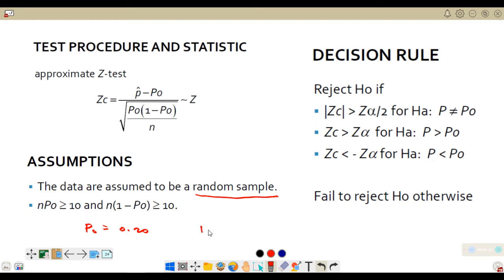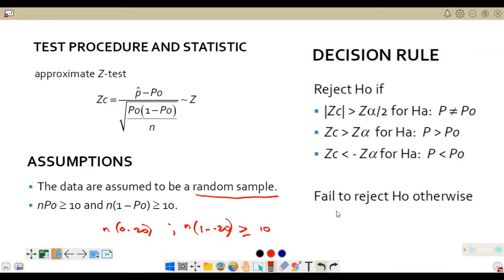And also, if the number of samples times 1 minus 0.20 is also greater than or equal to 10. Teka, lagay ko na dito yung formula, tapos mag-check tayo mamaya. N times P sub 0 and N times 1 minus P sub 0 are both greater than or equal to 10. So, ang pinakamaliit na value natin ay 10.